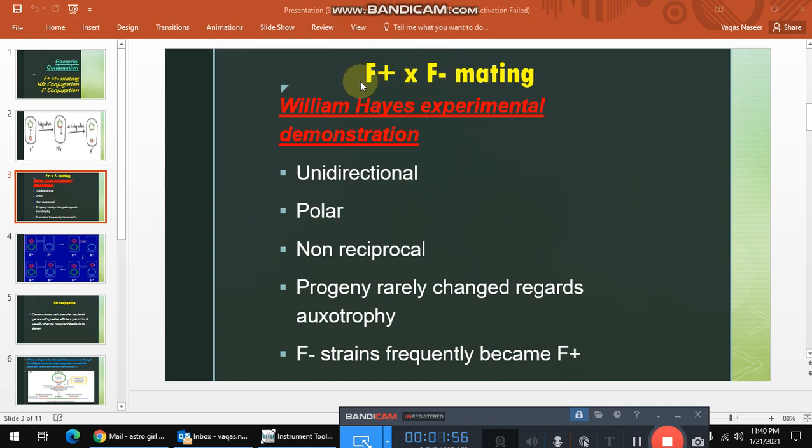Friends, remember that fertility containing bacteria are mostly attracted towards the fertility lacking bacteria for the transfer of the fertility factor. And it is non-reciprocal. It means that only one bacteria transfers its genetic material to another bacteria. Progeny rarely change. It means that it is not necessary that after mating auxotrophic changes into prototrophic. It rarely happens. And when F positive transfers its fertility factor to F negative, then this F negative becomes F positive. It does not always occur, but it occurs frequently.